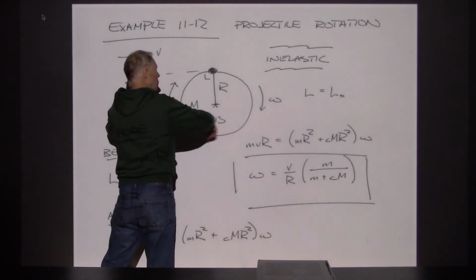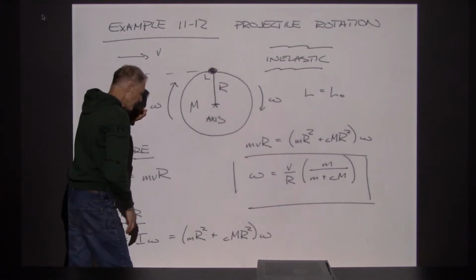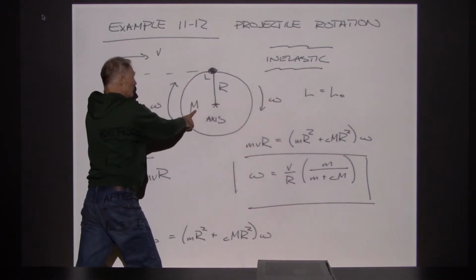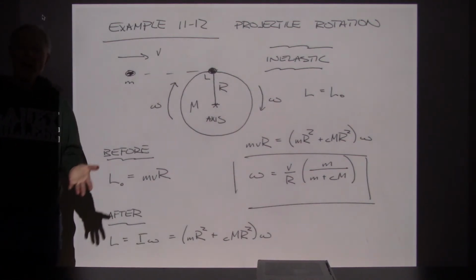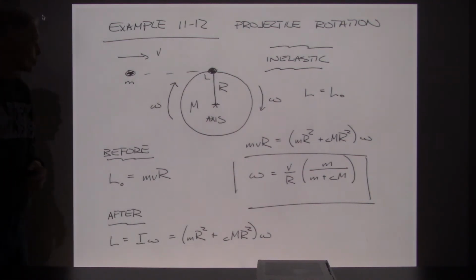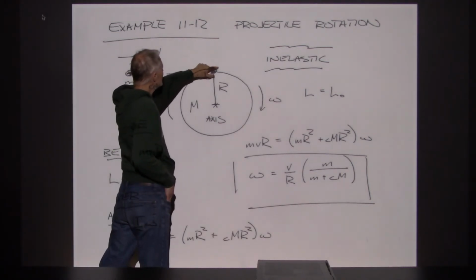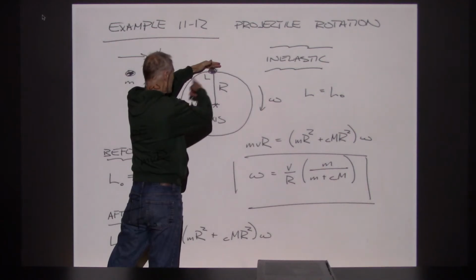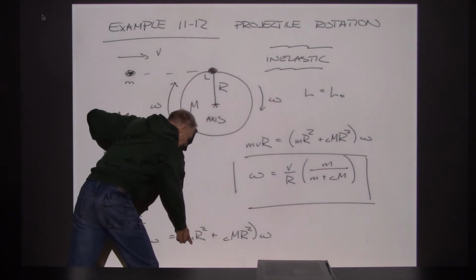So I'm going to switch over to the I omega. If this is a rotating system, then the rotational inertia of this object, big M, is some shape factor c times M times big R squared. And then the rotational inertia of this projectile stuck to the edge as it rotates would just be mr squared.